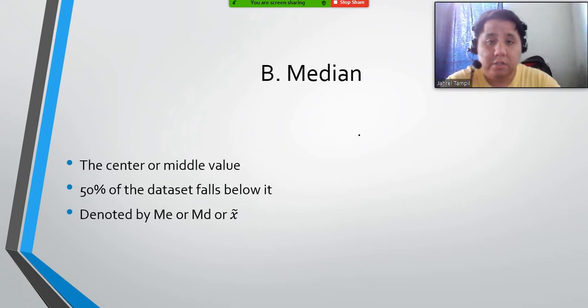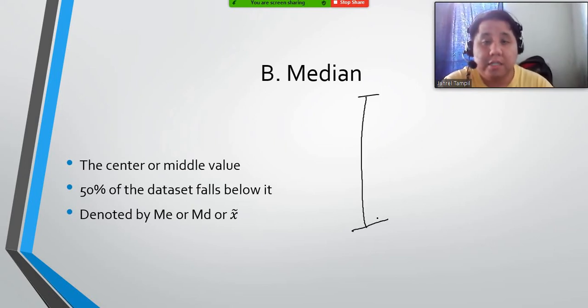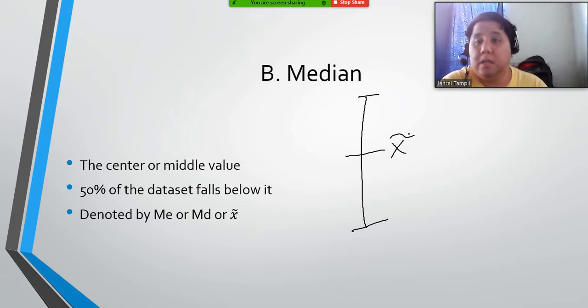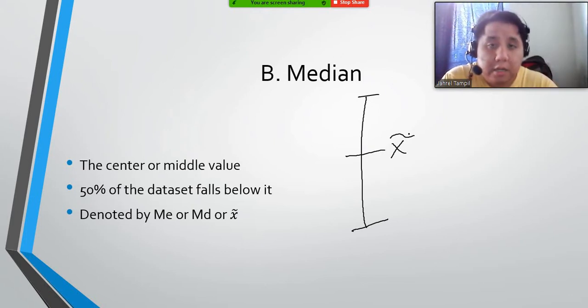Let's have this illustration. Let's say that this bar is actually our dataset, and the median is in the middle. Now, the median will be featured later as another measure, but as we can see in the definition, it says that 50% of the dataset falls below the median.